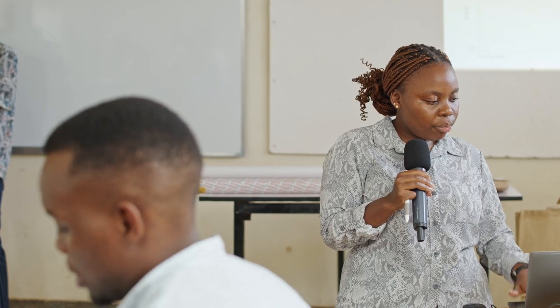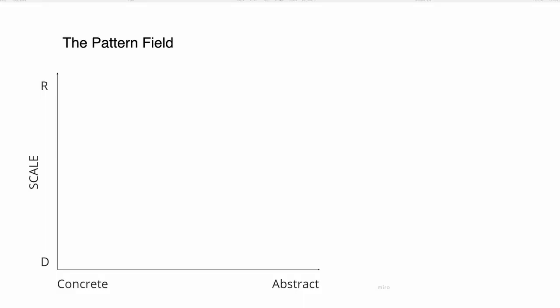Then we're going to look at the pattern field. Essentially, this is what you start with. On the Y axis is the scale. Is this clear?